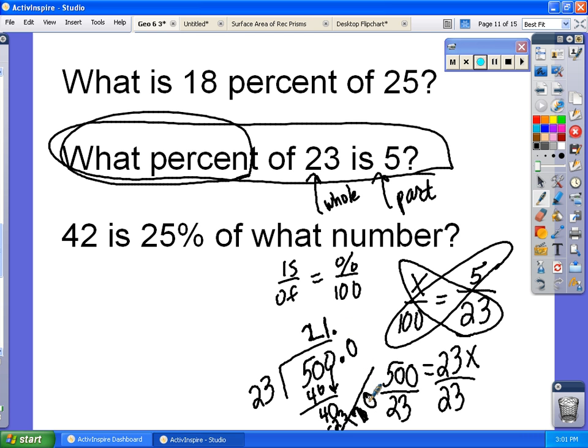So you get 170, and 23 goes into 170 only 7 times, so you get 0.7. I'm not going to keep dividing because I'm going to round this to the nearest whole percent. Since it's 21.7, that would be about 22%.